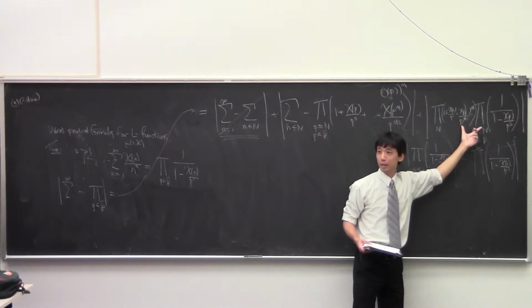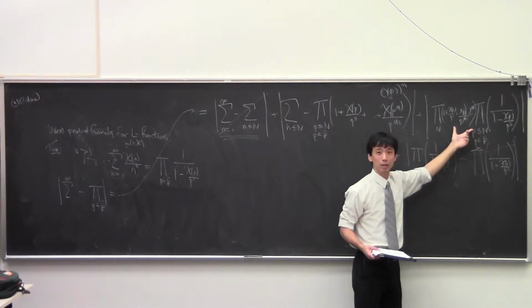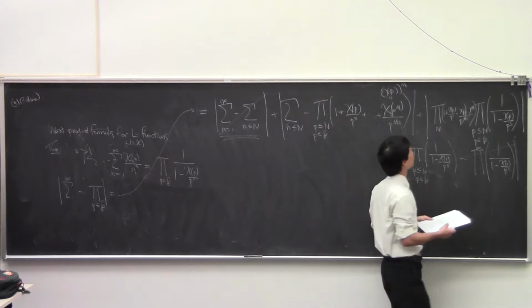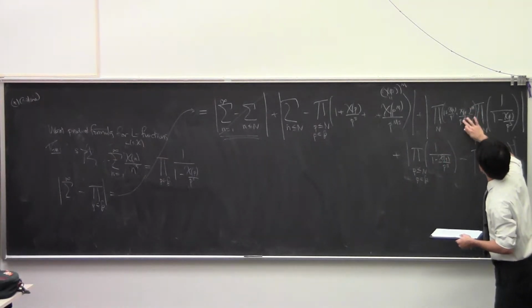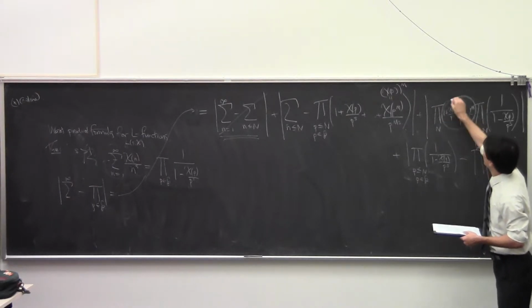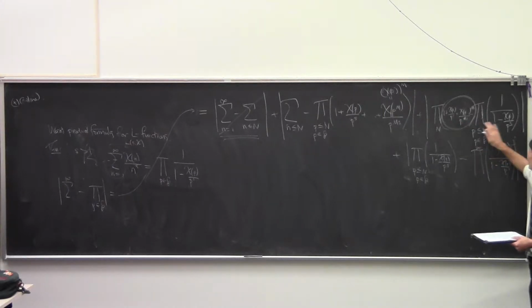Okay, do you guys see that? So this piece is also easy. Should I say it again? Right here, if you look at each of these things, this is the partial sum of the geometric series whose limit is this, right?